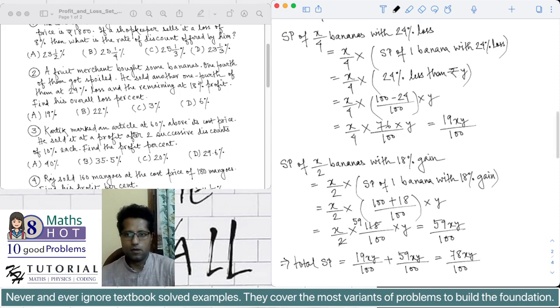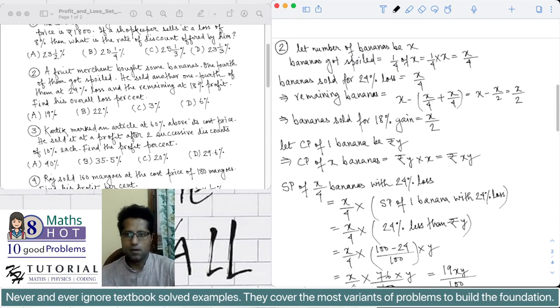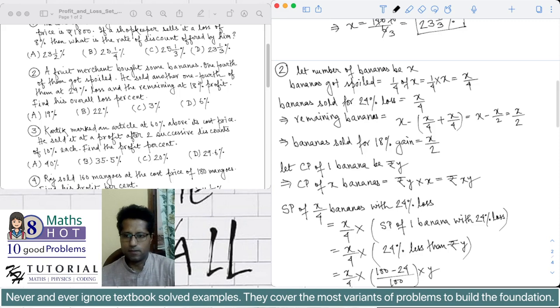and we know the total cost price is xy, because as part of our assumption, we have assumed there are x bananas, and the cost price of one banana is rupees y. So the cost price of x bananas is xy.